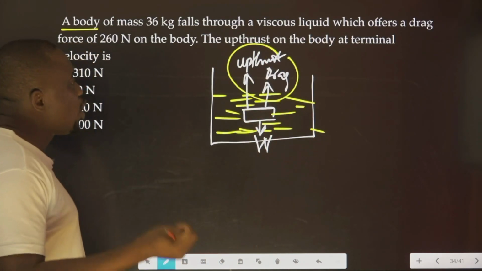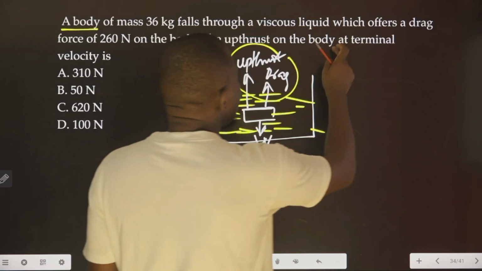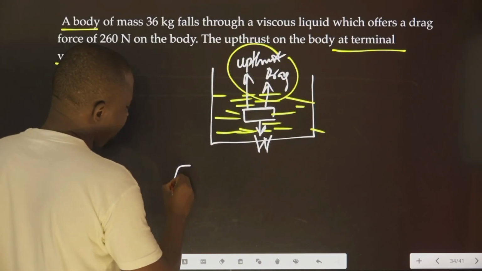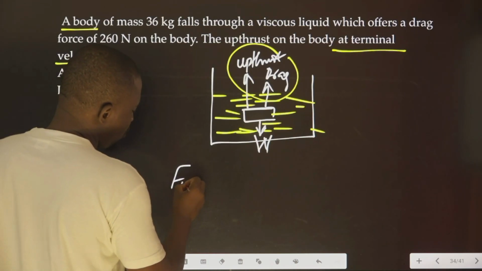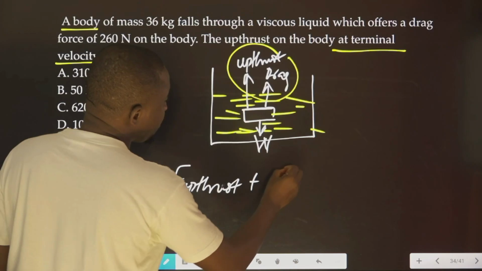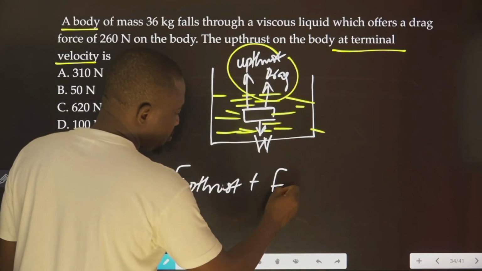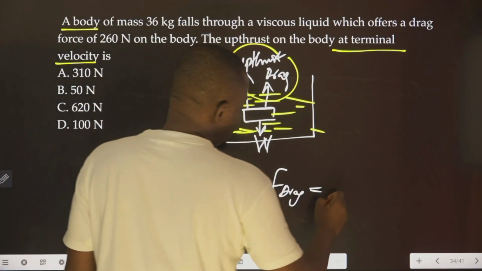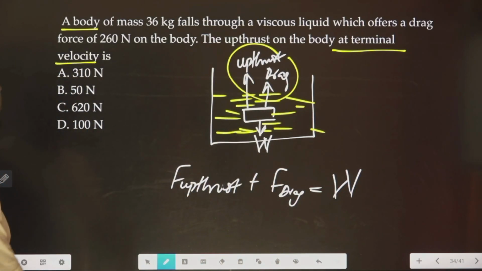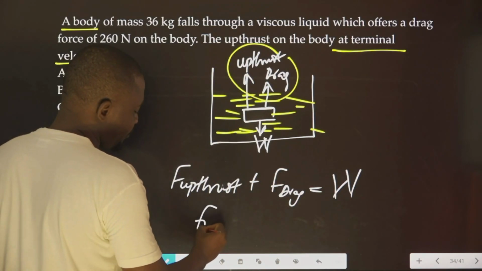It means they are equal, because we are told that it is at terminal velocity. So therefore, we can say the force due to upthrust plus the force due to drag is equal to the weight of the body. You agree with me that the upthrust is what we are looking for?